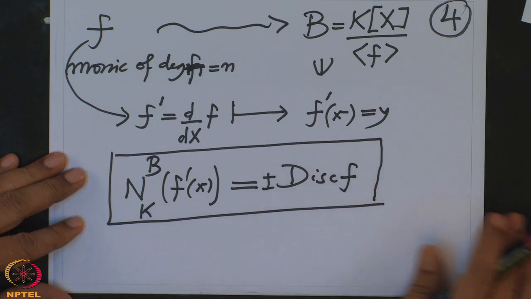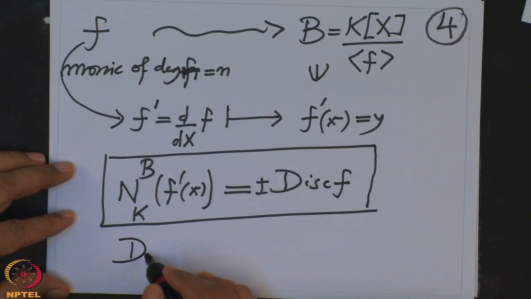So this is how one computes effectively. In fact, you can write down some small software using some computer algebra packages: you give f and then they'll give you the discriminant, and then testing whether it is a square or not, etc.